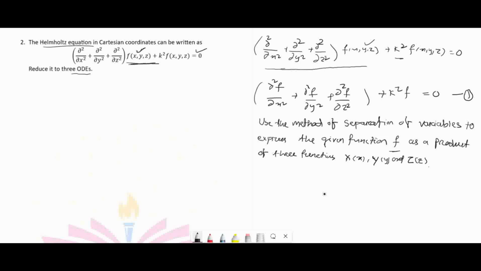So let us write f(x, y, z) is equal to X Y Z.